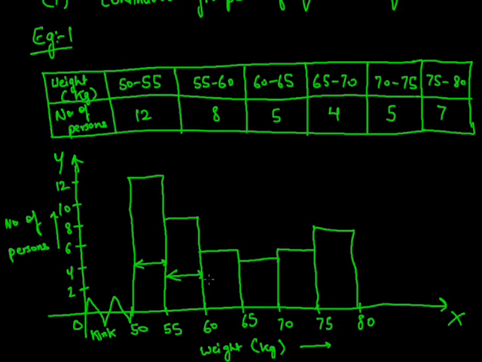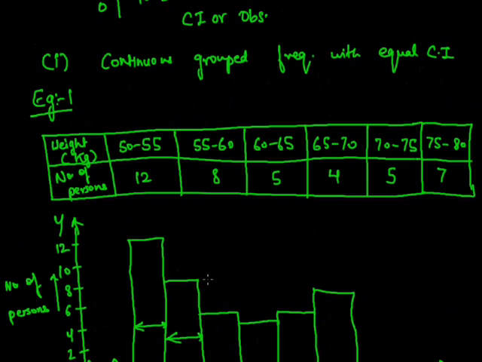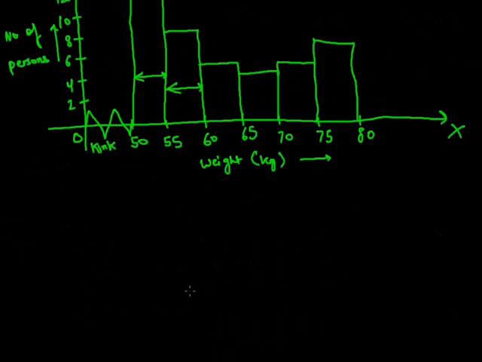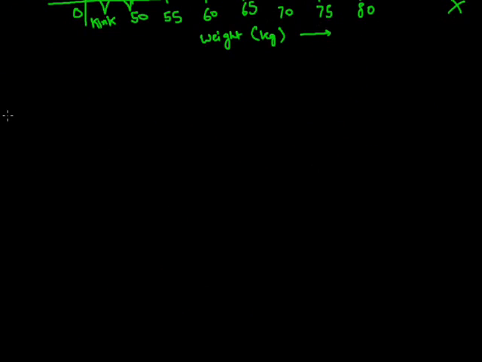So we can easily make this histogram when the class size is equal, that is, when equal class intervals are given. There will be no problem. We take the bars of equal width, and plot the class intervals corresponding to the number of frequencies given. But sometimes the class intervals given are unequal.